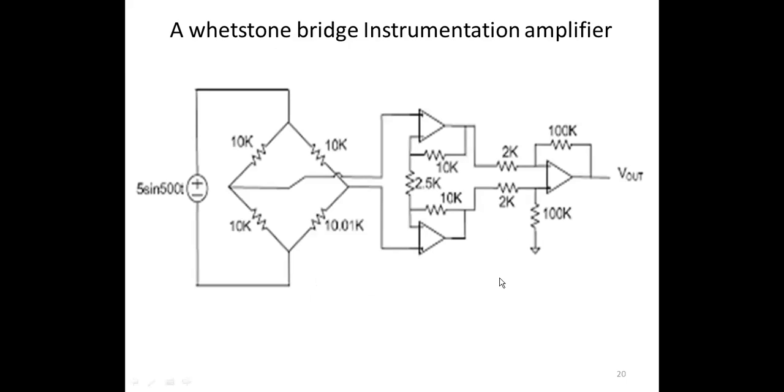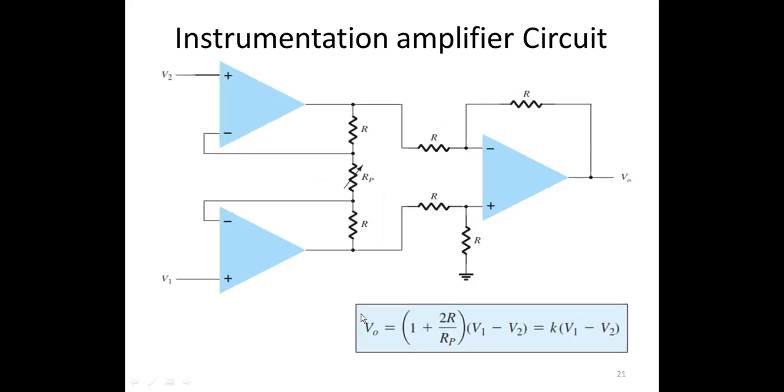So this is the instrumentation circuit which will simply amplify the difference that appears at the Wheatstone bridge, but having input impedance very high. तो एक पिक्चर हमने यहाँ पे अचीव कर लिया इनपुट इम्पीडेंस का, और वो किस तरह से अचीव किया इन दो ओप-एम्प्स को हम यहाँ पे ऐड कर रहे हैं. So this is the circuit of the instrumentation amplifier. These are the two inputs that are coming from the Wheatstone bridge.